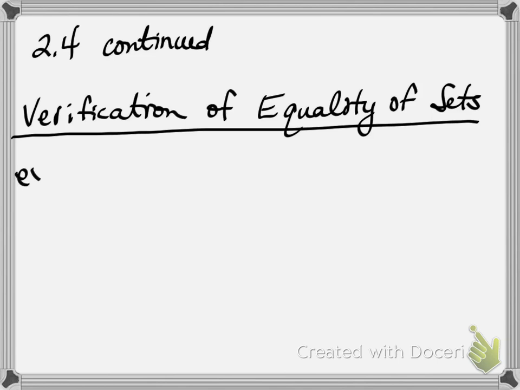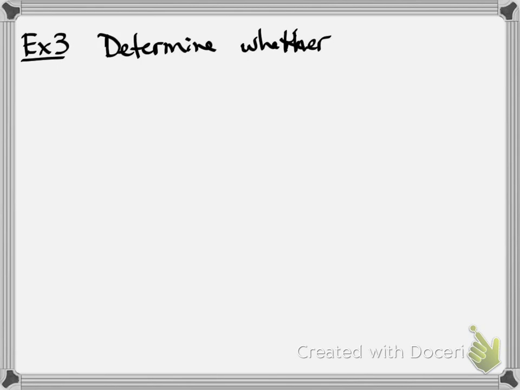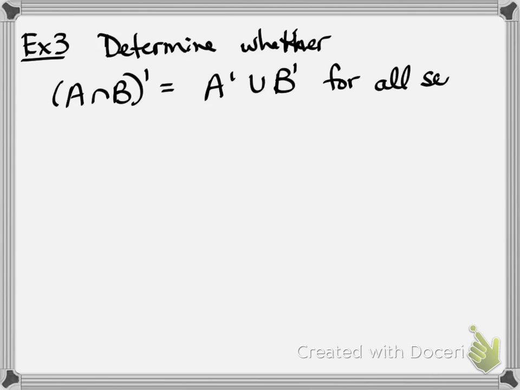So for example 3, they want us to determine whether A intersect B complement is equal to A complement union B complement for all sets A and B. Well, we can do this with Venn diagrams.